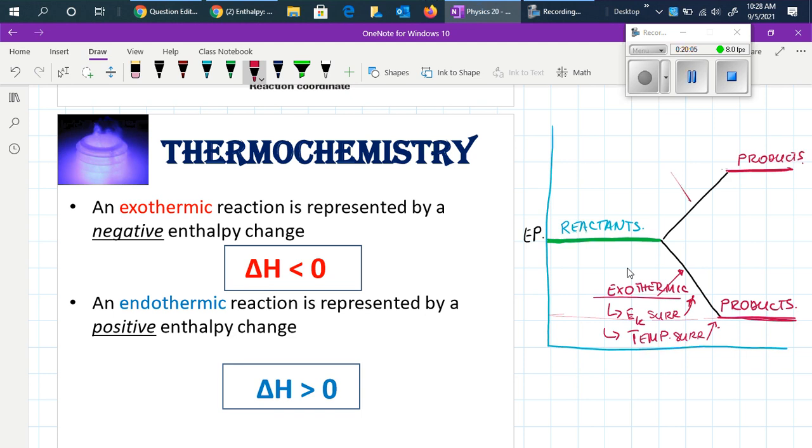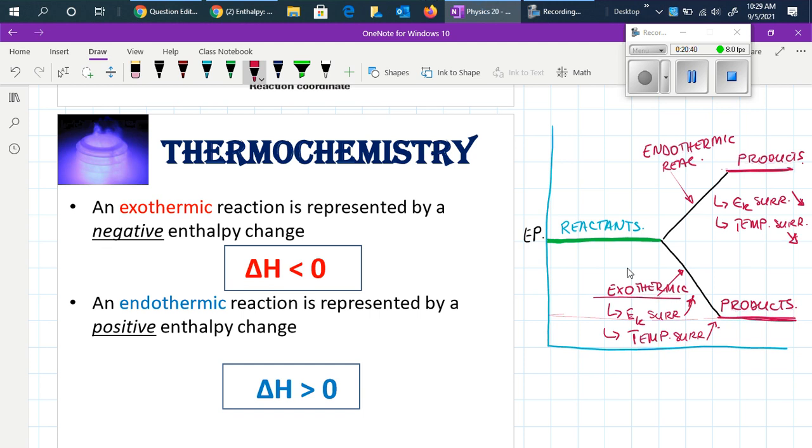Then this type of reaction is known as the endothermic reaction. And what is happening during an endothermic reaction is that the kinetic energy of the surrounding is decreased, which will result in less heat in the surrounding, and the temperature of the surrounding will be decreased as well.